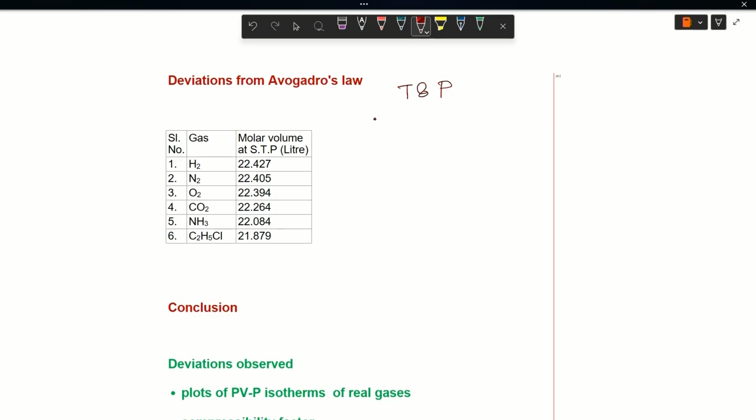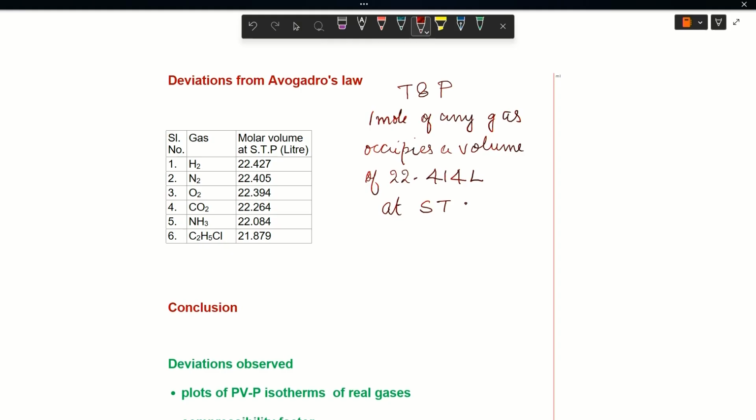We have found that 1 mole of any gas occupies a volume of 22.414 liters at STP.